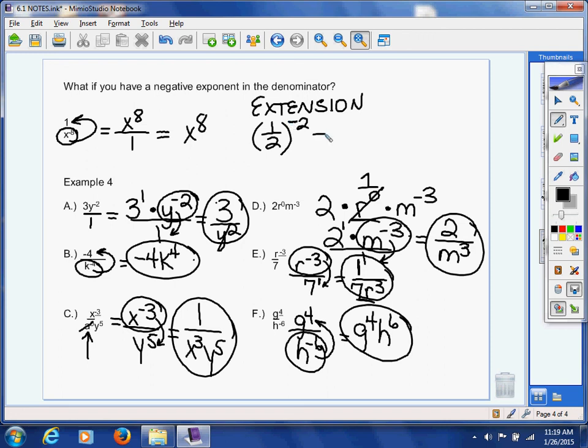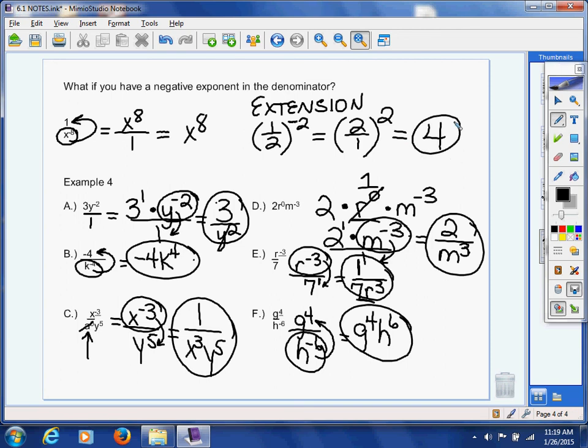Here's your shortcut. Just flip the fraction over and the exponent becomes positive. That is really as simple as I can make it for you. Flip the fraction over, exponent becomes positive, and then we have 2 to the second power, which is exactly 4.